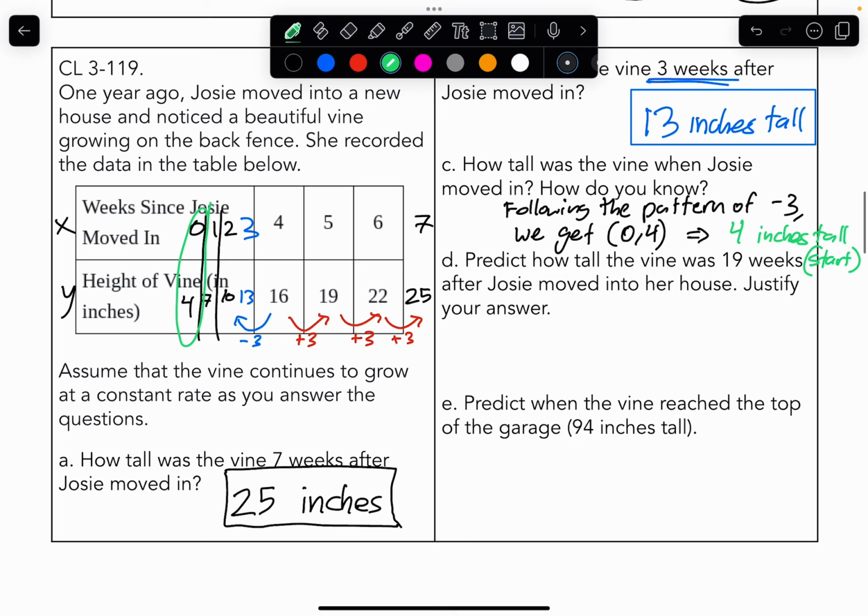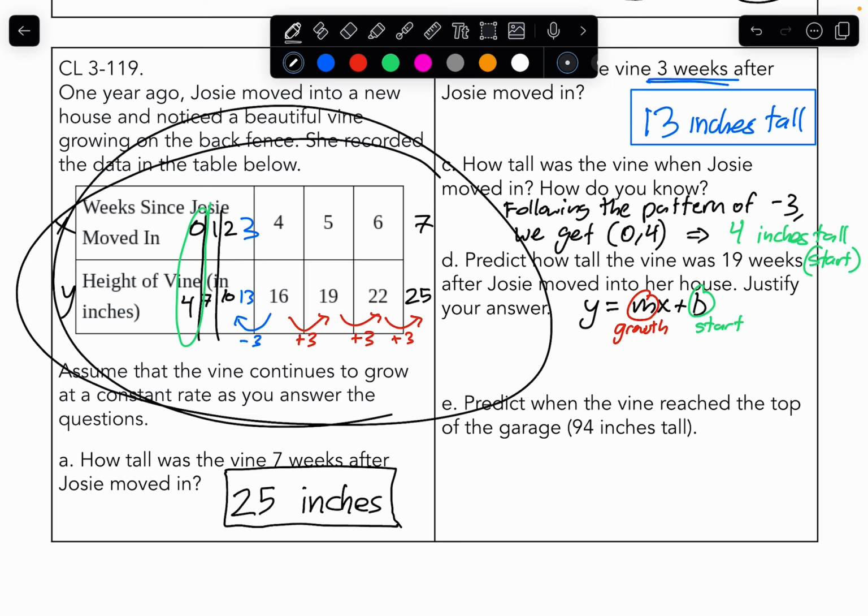Letter D is asking us to predict how tall the vine was 19 weeks after Josie moved into her house. So in this situation, we're going to use an equation. I'm going to write it one more time if we missed it. M is going to be the growth. B is going to be the start. So what was the growth for this situation?